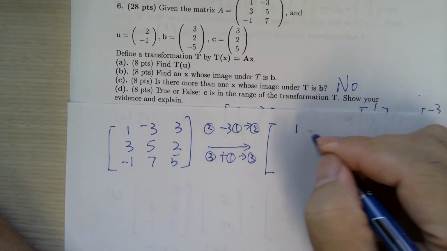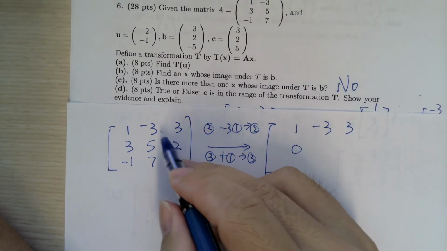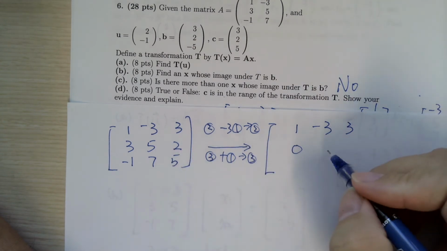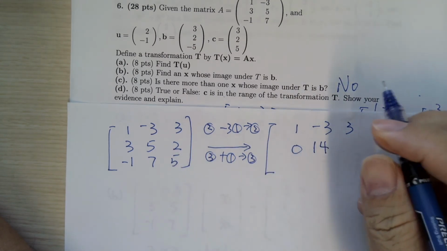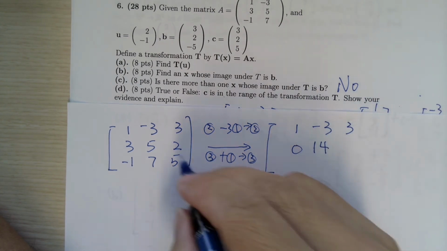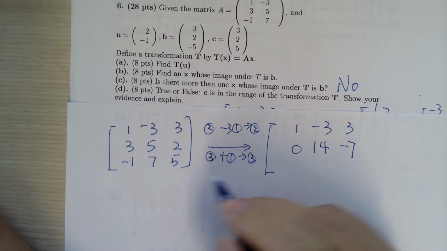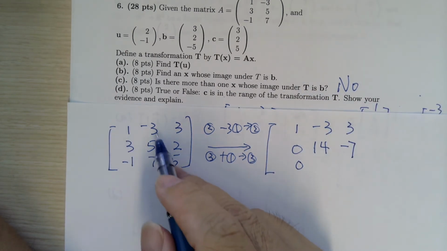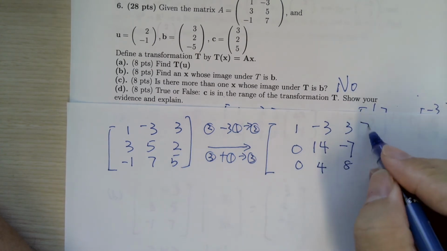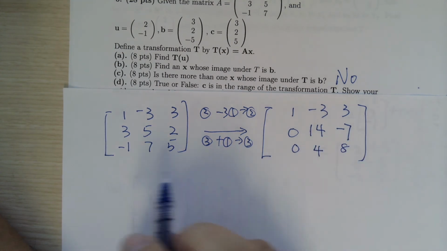So let's see. 0. So minus this part becomes plus, right? So it's still 14. Nothing wrong with this one. Okay, so this part still is negative 7. And then, so let's add, so it's 4, this is 8, okay. Now, we can do some scaling.